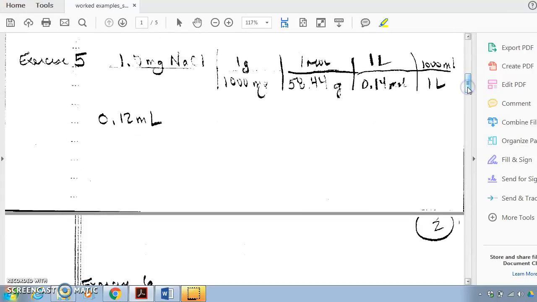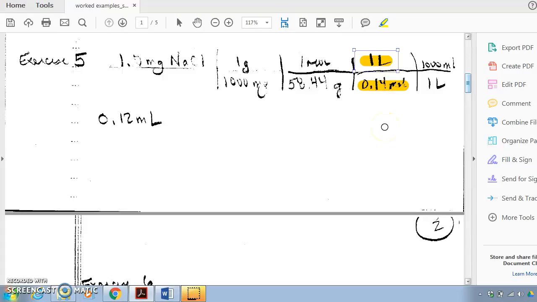Exercise 5 also shows molarity being used as a fraction style ratio in your dimensional analysis. This time we're going from mass to moles, and once we know the moles of the compound, we can use that fraction style ratio of the molarity to relate moles to volume of the solution.